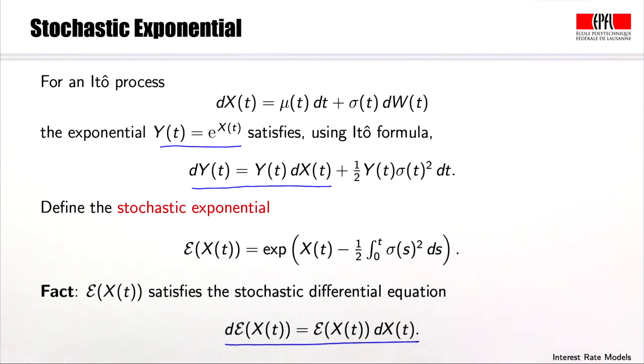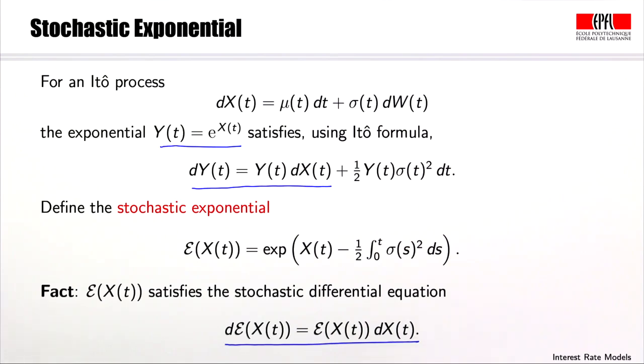First of all, the stochastic exponential is positive by definition. This is useful because most price processes of financial assets are positive. And second, due to this fundamental stochastic differential equation, the stochastic exponential preserves the martingale property.